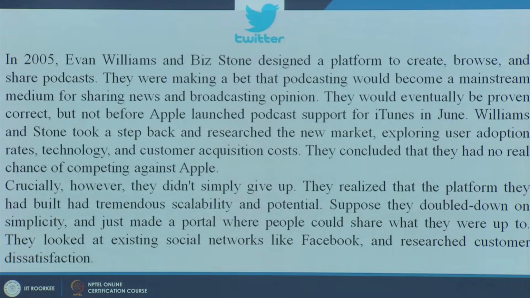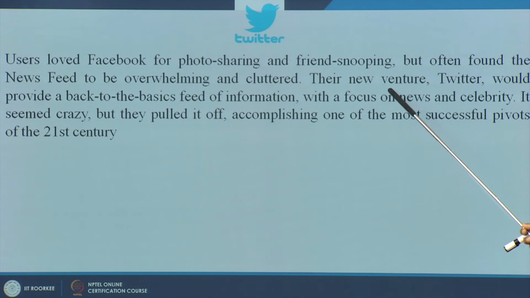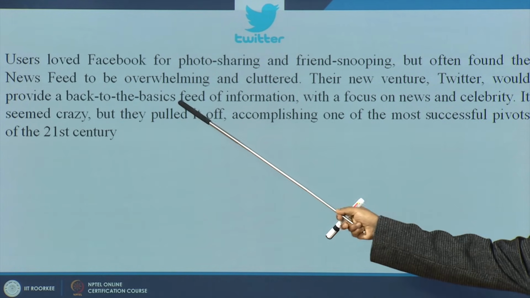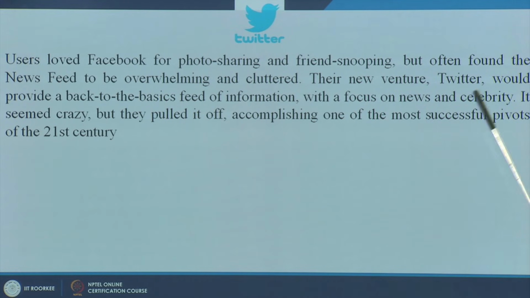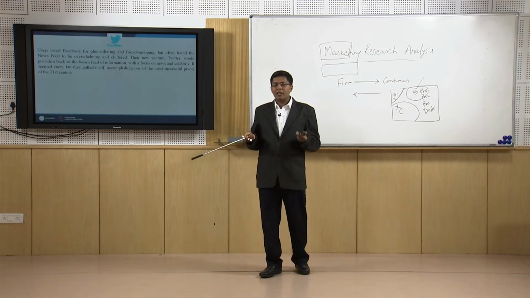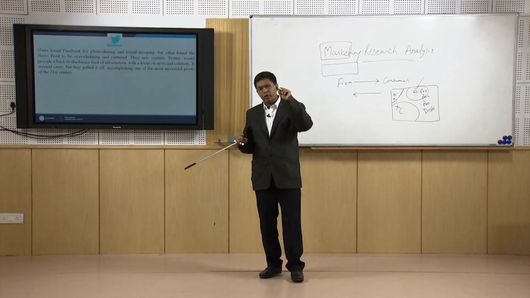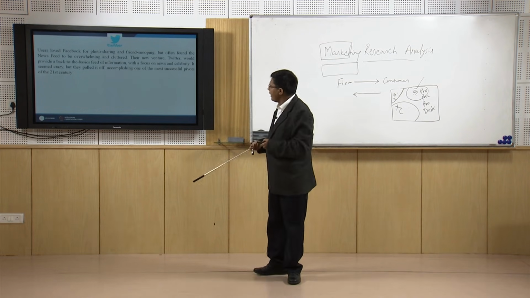After researching, they found their new venture Twitter now would provide a back to the basics feed of information with a focus on news and celebrity. So, it seemed crazy, but they pulled it off. Initially with every new idea people start criticizing and think it would not work, but they had done the research, they saw there was a gap in the market which they could take advantage of, right.